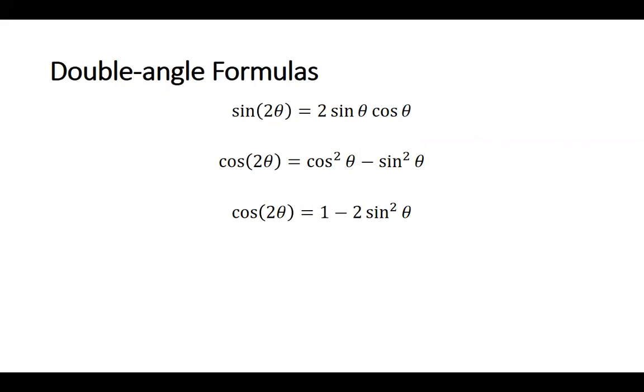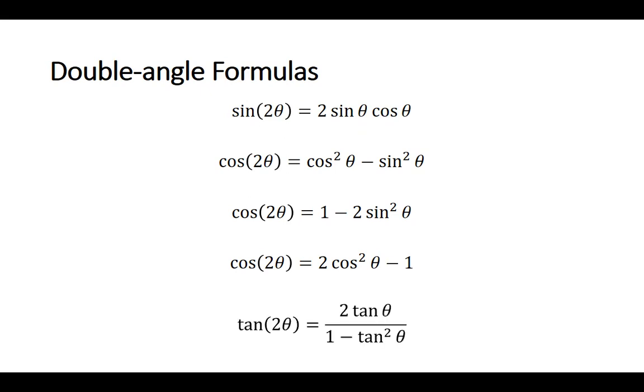Another formula for cosine of 2 theta is 1 minus 2 sine squared of theta. Another formula for cosine of 2 theta is 2 cosine squared theta minus 1. And then tangent of 2 theta is equal to 2 times the tangent of theta over 1 minus the tangent squared theta.